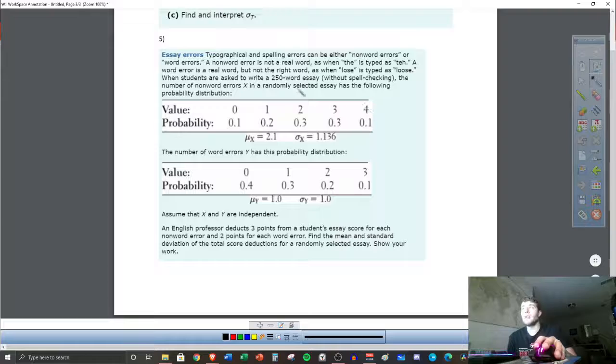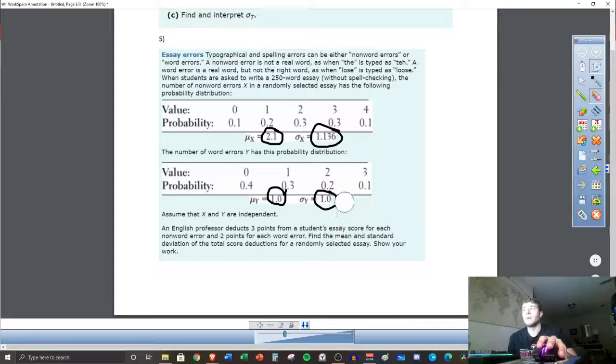What we have here are the counts, and we expect there to be 2.1 non-word errors with this deviation. And then we expect there to be 1 word error and a deviation of 1 here, okay? We want to find the total deductions for this.